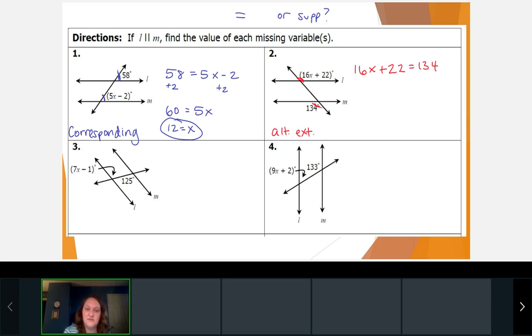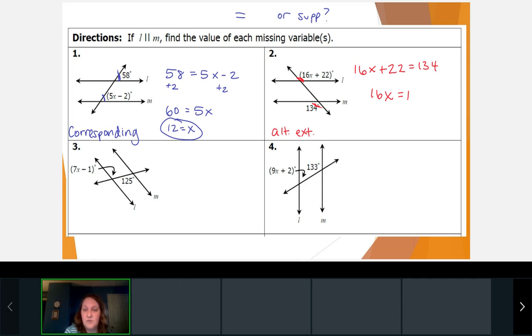Yes, you need to know these relationships, corresponding, alternate exterior, and whatnot. But if you forget them for a second, or you're not really confident in them, you can still set up your equations because I gave you that trick. As long as the lines are parallel, all of your obtuse angles will be equal. All of your acute angles will be equal.